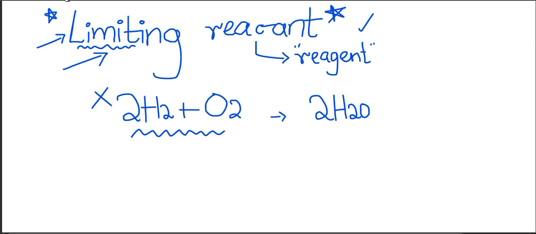Now, how to calculate a limiting reactant? That is our main strategy today. It is pretty basic. Whatever you learned in mass reaction, mass volume reaction, mole mass reaction, mass mole reaction, everything can be applied here according to the question.